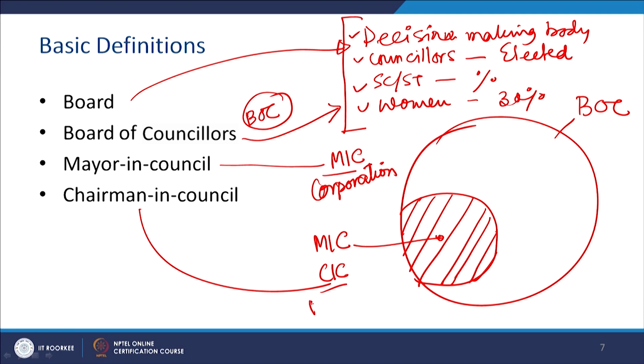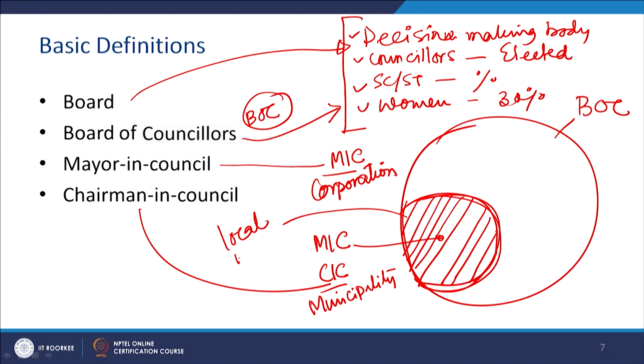If it is a municipality, it will be called chairman in council. So, conceptually the mayor in council or the chairman in council will act as a local ministry, as good as the ministry at the state level or the central level.